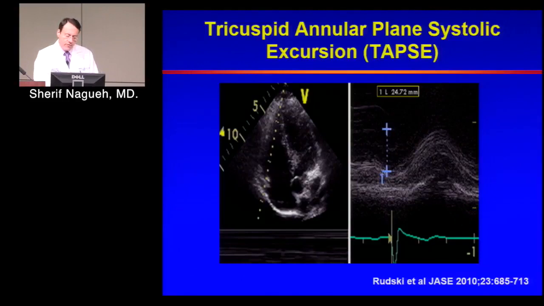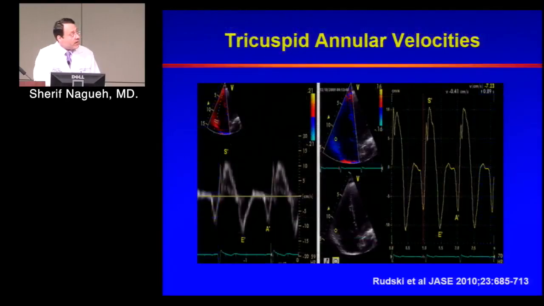The ones that were emphasized were this measurement, the RV myocardial performance index, RV fractional area change, which we covered, TAPSE that you see on this slide and how it is measured. It is the perpendicular distance, not the oblique distance. And then the tricuspid S prime velocity, which you can get by pulse wave Doppler or by color-coded tissue Doppler, because color-coded tissue Doppler is a mean velocity as opposed to a peak velocity.